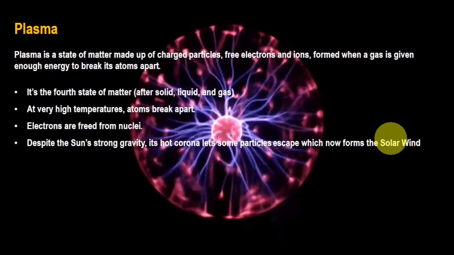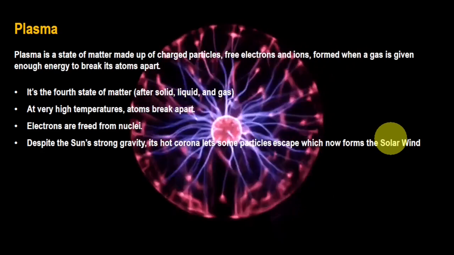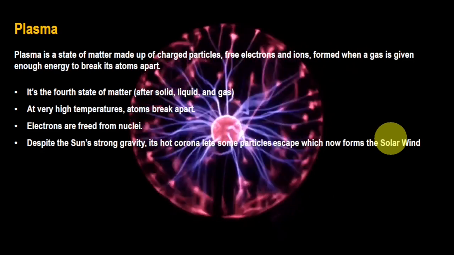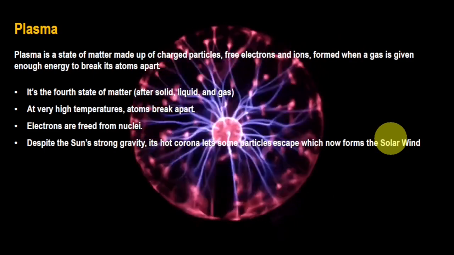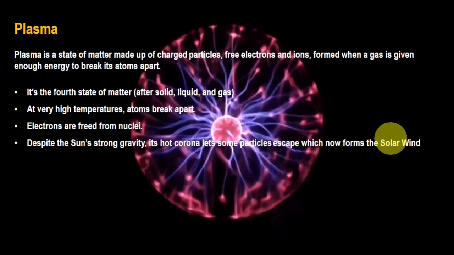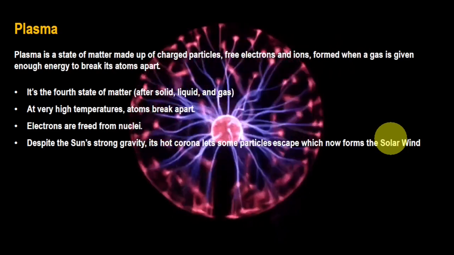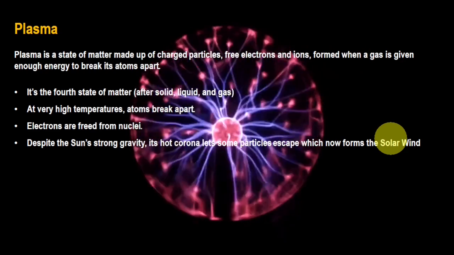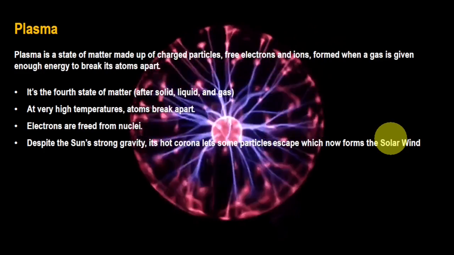So what then is this plasma? Plasma is a state of matter made up of charged particles like electrons and ions. Remember, when an atom loses an electron, the electron is negatively charged, and the atom becomes positively charged.